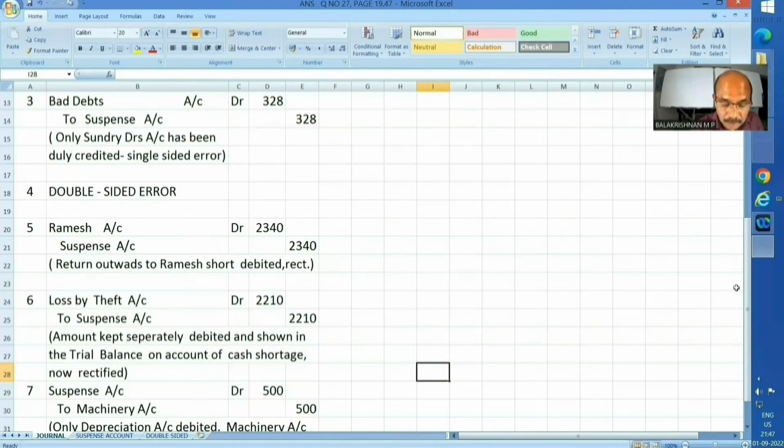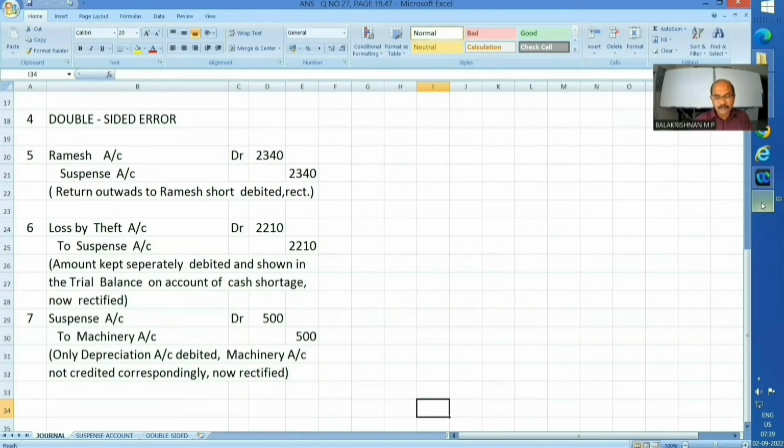Ajay Sharma has obviously been properly dealt with. He has been credited. What they say specifically is that it has not been debited to bad debts account. So bad debts is to be essentially debited. So bad debts account debtor 328. And since it is a single-sided error, we have to credit suspense account. Only sundry debtors account has been duly credited, single-sided error.